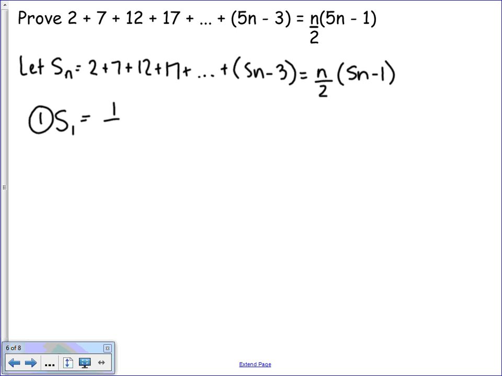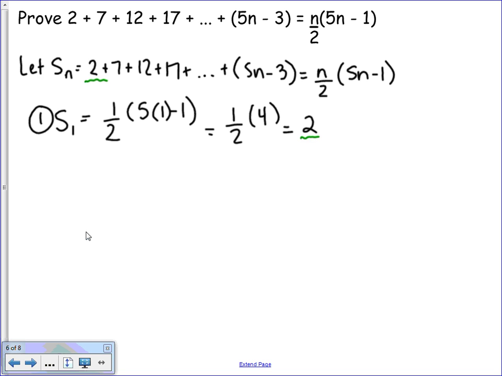So we're going to say 1 over 2 times 5 times 1 minus 1. 5 minus 1 is 4, so that's 1/2 times 4, and 1/2 times 4 is 2. And you'll notice that 2 matches if you were just to keep the first term by itself. So that is proven. Got one piece done.